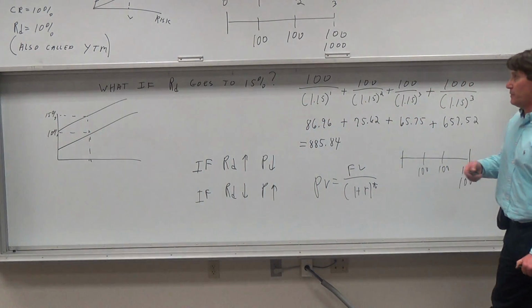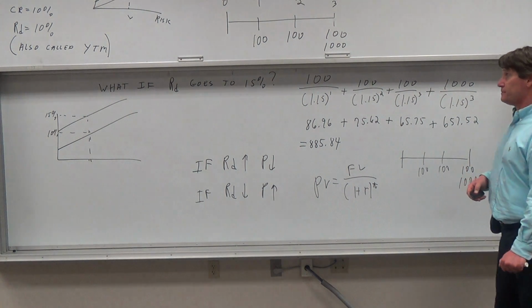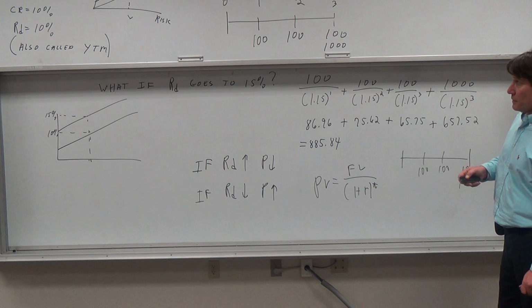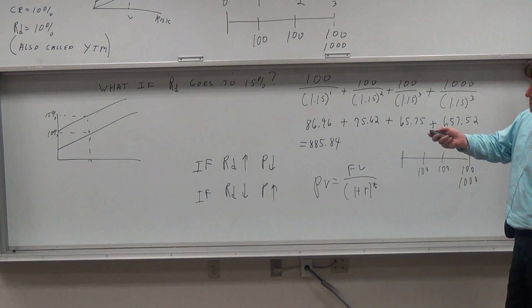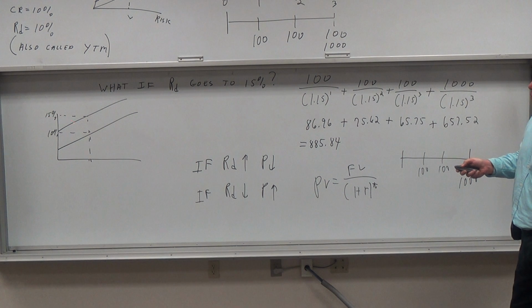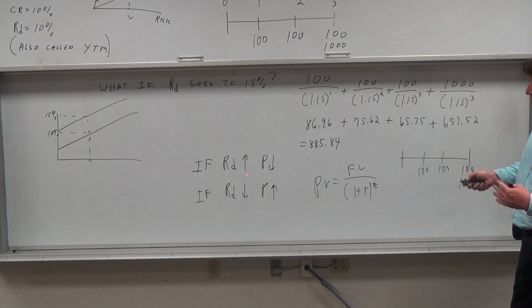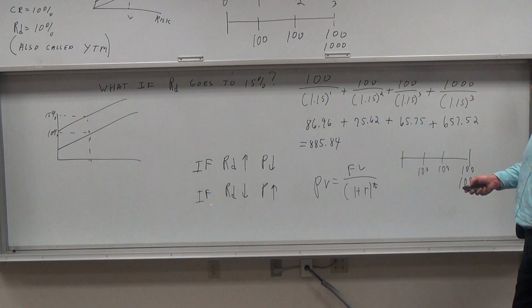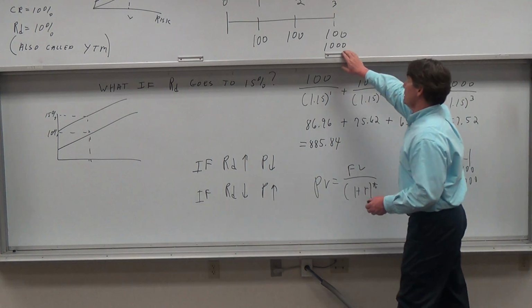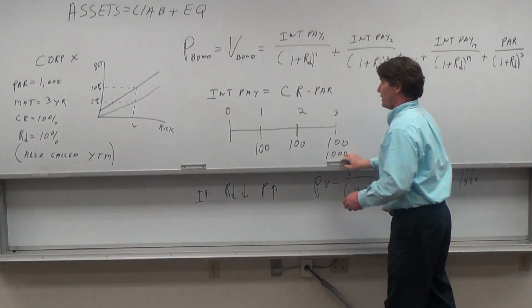Supply of money, demand for money, okay? So interest rates change. So when RD, or yield to maturity, goes up, the price goes down. Inversely related. When RD goes down, the price goes up. Inversely related. So the only thing that can change is the denominator.